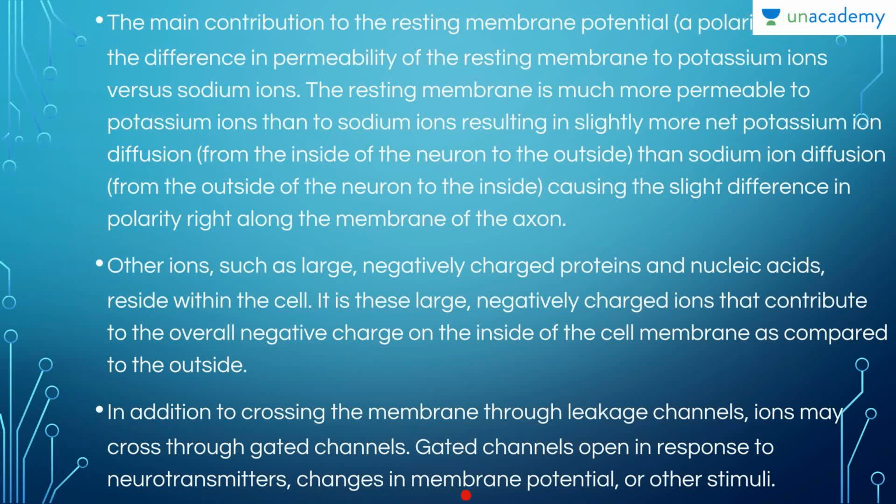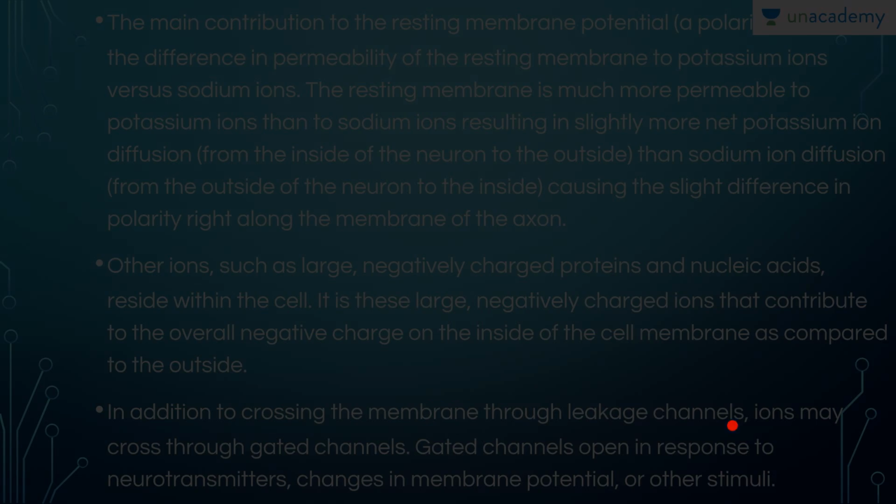Gated channels open in response to neurotransmitters, changes in the membrane potential, or other stimuli. So we've got two types of channels, the leakage channels and the gated channels. The leakage channels are usually open, and the gated channels are usually voltage gated channels, which open or close according to the stimulus that is given to the neuron.